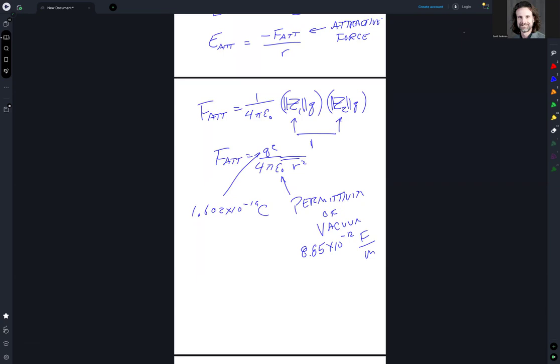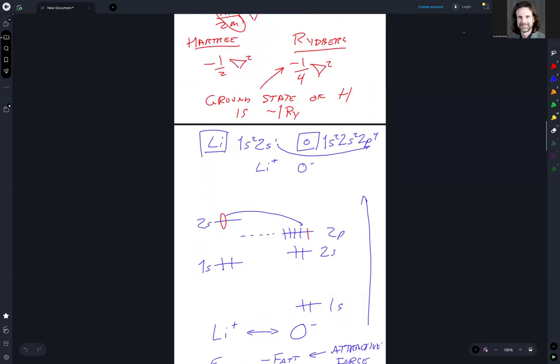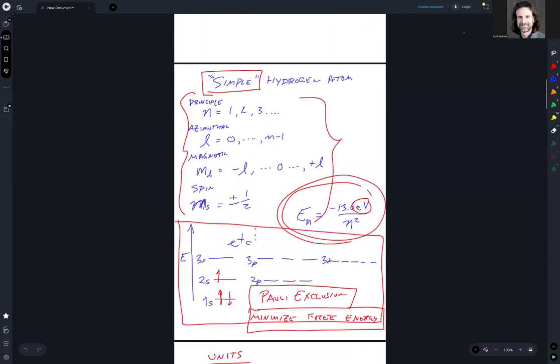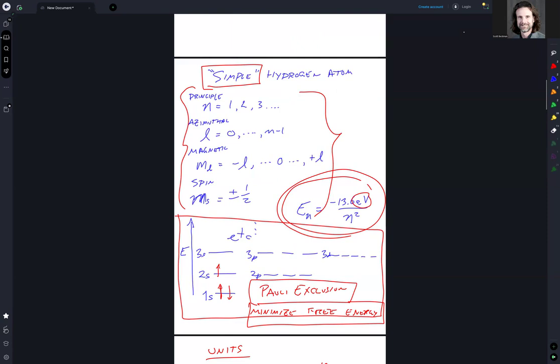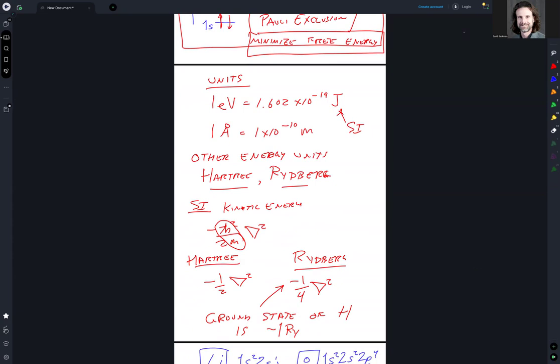So I'd like to continue from our last lecture. In the last lecture, we ended by talking about the simple hydrogen atom and how we try to generalize that to the periodic table. When we go to the periodic table, it's not a perfect match.